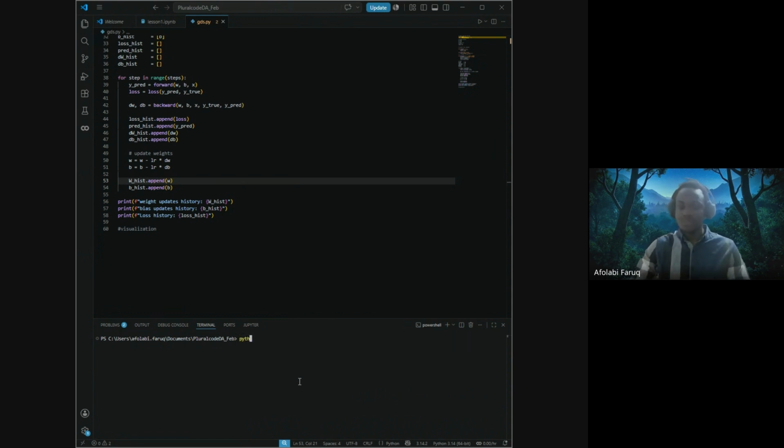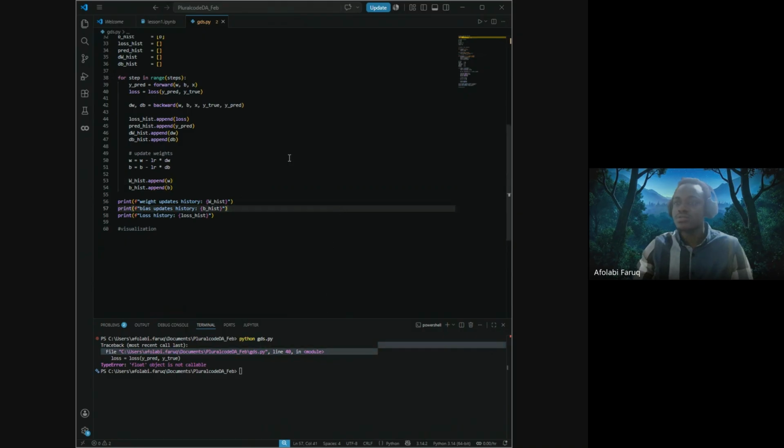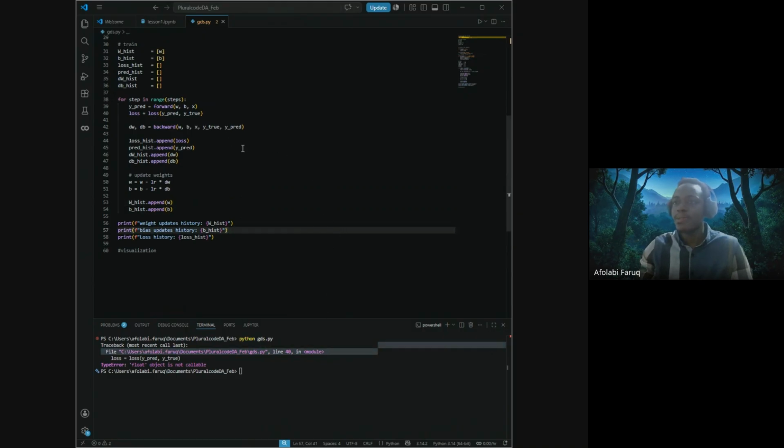So say python gbs.py. I'm not sure this is going to run, but let's try it. Yeah. This is not callable. This is not callable from loss.